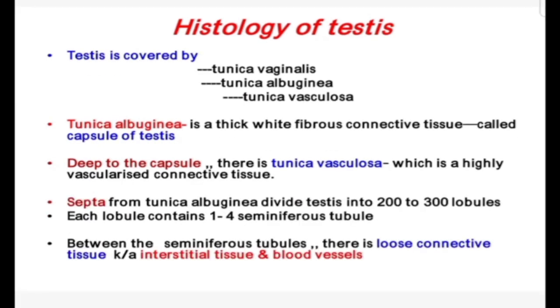In each and every pyramidal shaped lobule there are 1 to 4 seminiferous tubules, and between these seminiferous tubules there is a loose connective tissue which is known as the interstitial tissue.